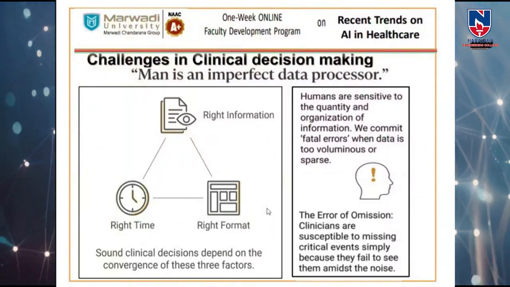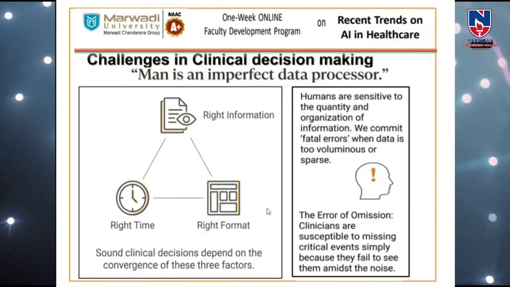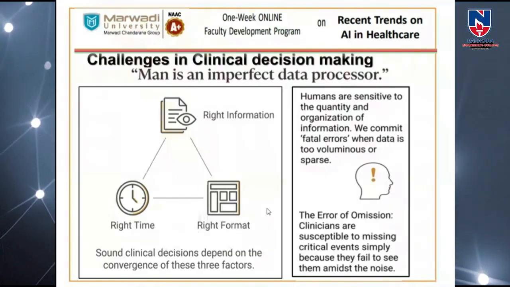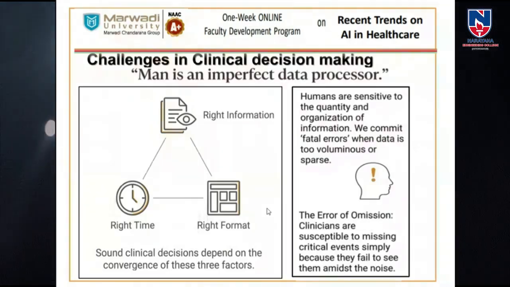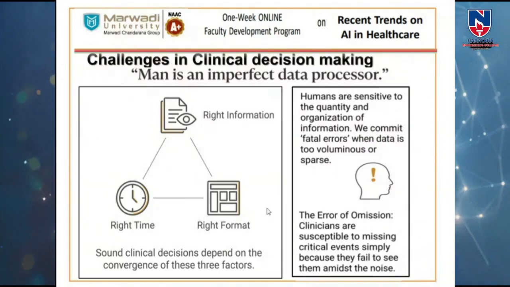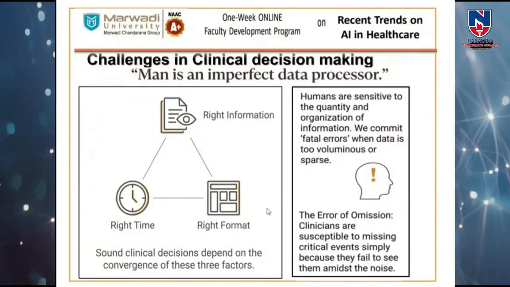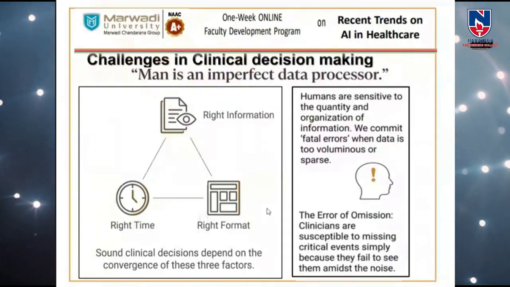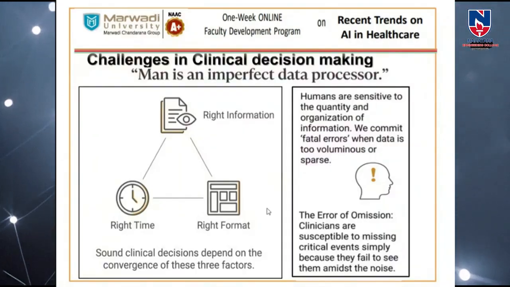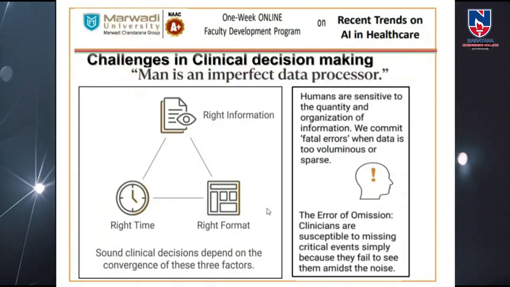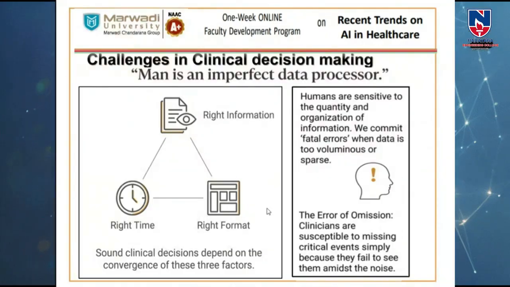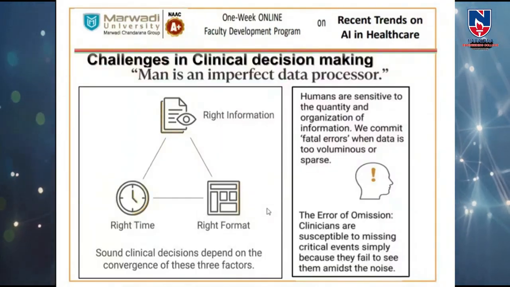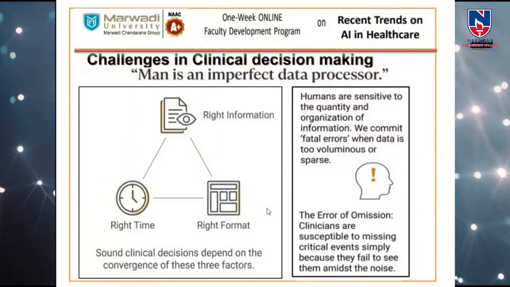Coming to this, while taking clinical decisions, what do we need? First, we need the right information, at the right time, in the right format. Combining all together leads to sound clinical decisions, depending upon the convergence of all these three factors. All are very, very important.